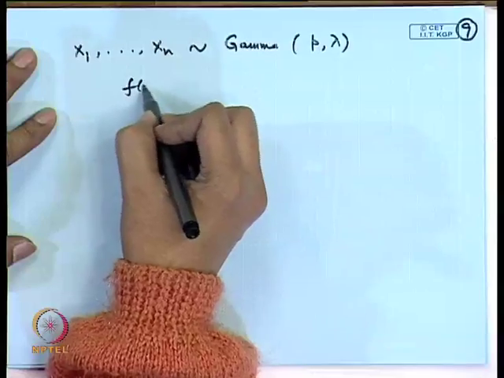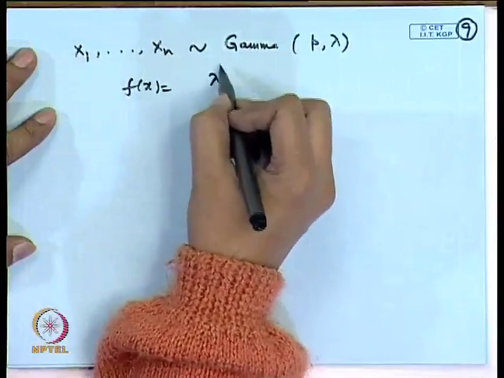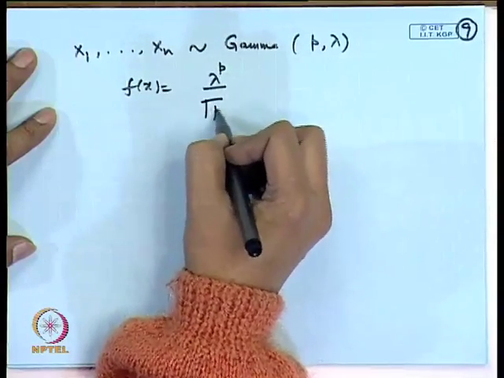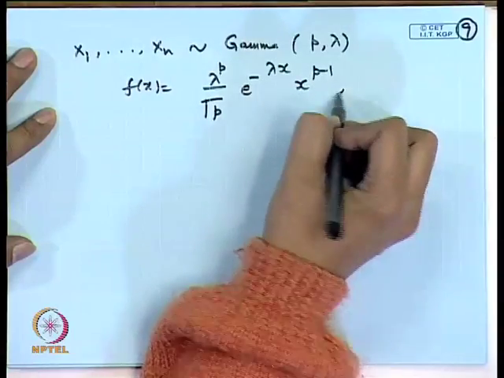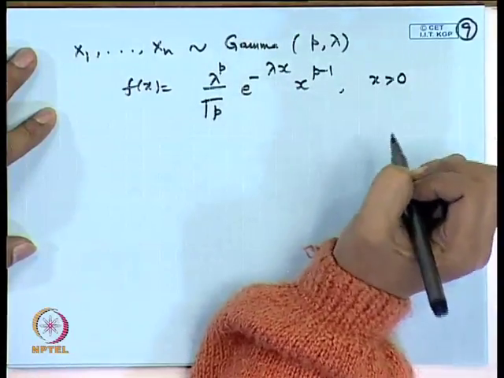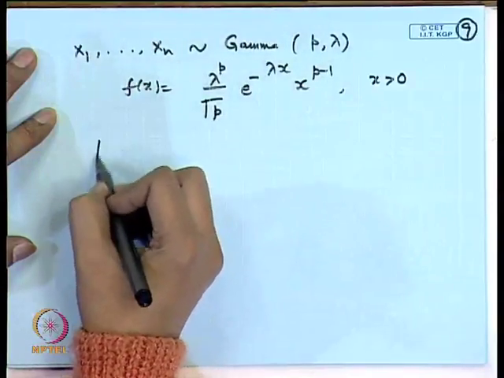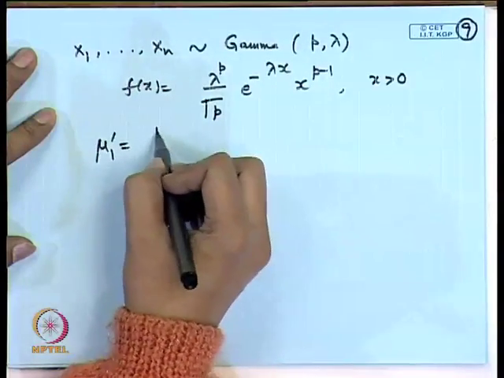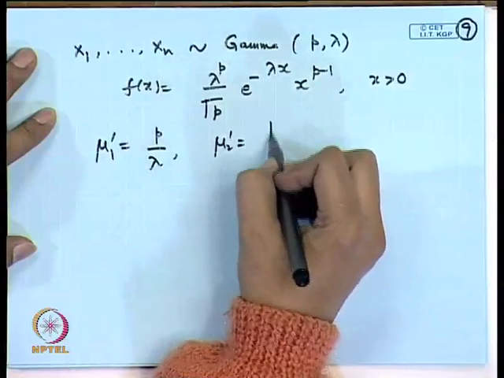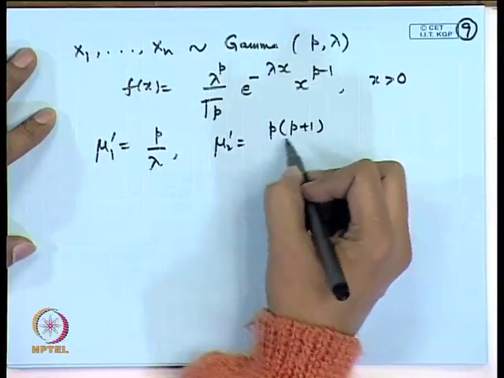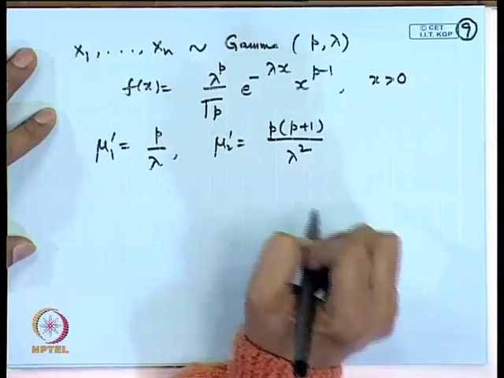That means, I am taking the density function equal to lambda to the power p by gamma p e to the power minus lambda x, x to the power p minus 1, x is greater than 0. Now, in this distribution, the first moment is p by lambda and the second moment is equal to p into p plus 1 by lambda square.